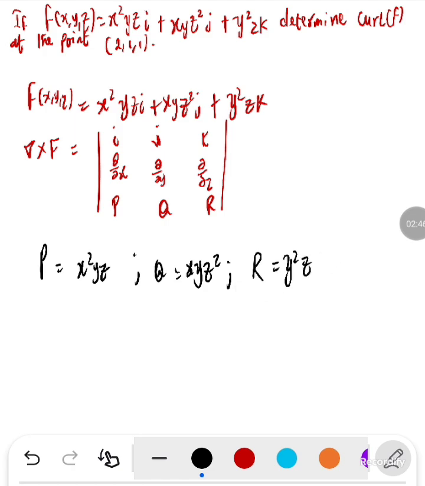Now the next thing we are going to do is find the determinant of this matrix, and I'm sure you know how to find the determinant of a 3 by 3 matrix.